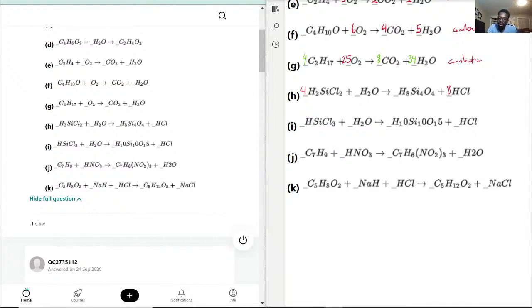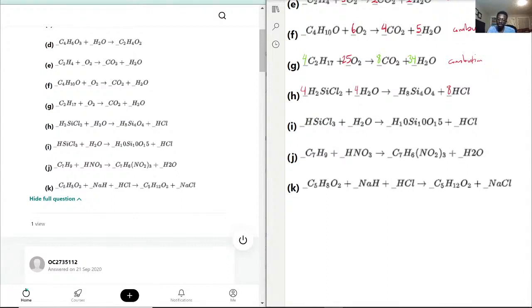So now let's see if everything else can balance out. We don't need to touch the hydrogen yet, because the oxygen we can actually balance first. So there's only 4 oxygens here, so for this it would be 4 H2O.